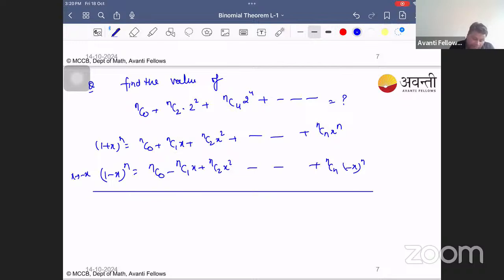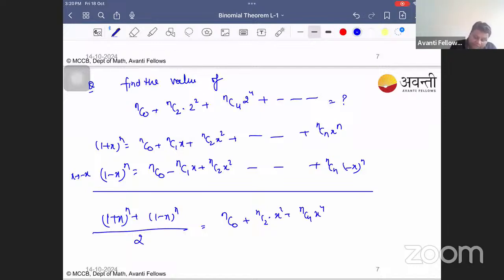Now if I add both of them, I get (1 plus x raised to the power n plus 1 minus x raised to the power n) upon 2 will be nC0 plus nC2 into x square plus nC4 into x to the power 4 and so on.